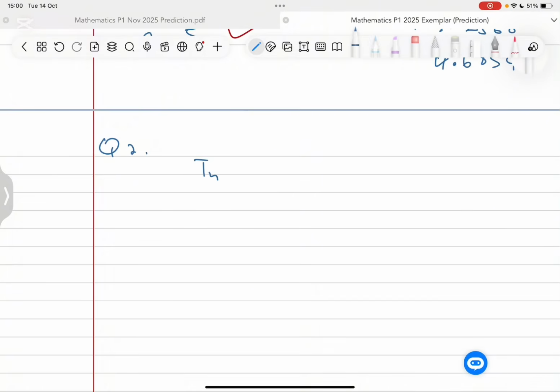We are told that it's given by an squared plus bn plus 1. And there are 2 distinct properties that we have here. We can see that the difference between term 8 and term 9 is equal to 30. And the difference between term 21 minus term 20 is indeed equal to 6.